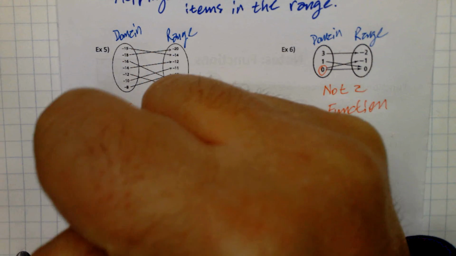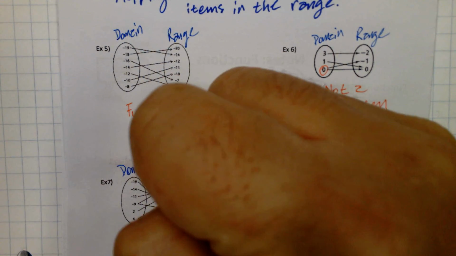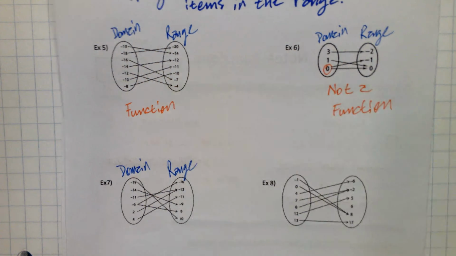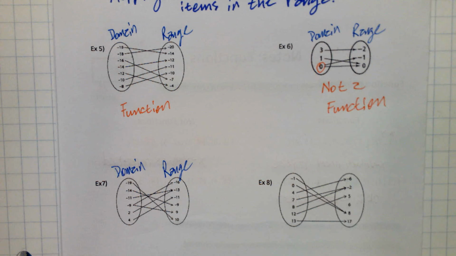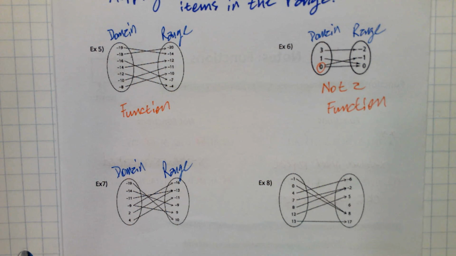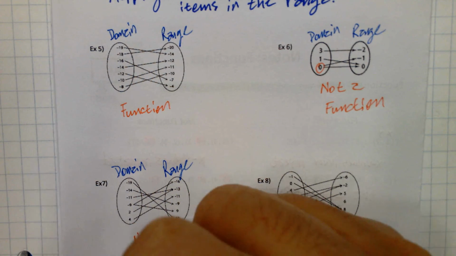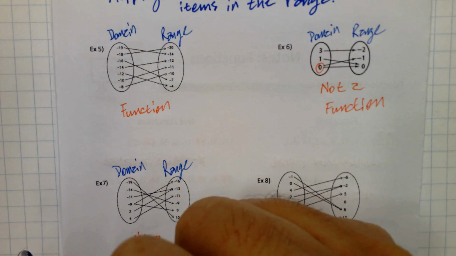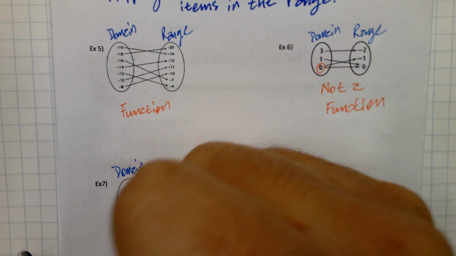So obviously this is domain and range. Yes, it's a function, or no, it's not a function for number 7. Who's cheating? -9, yeah.